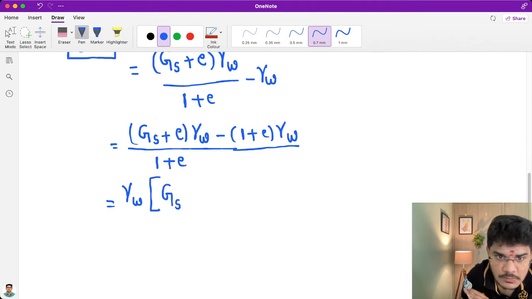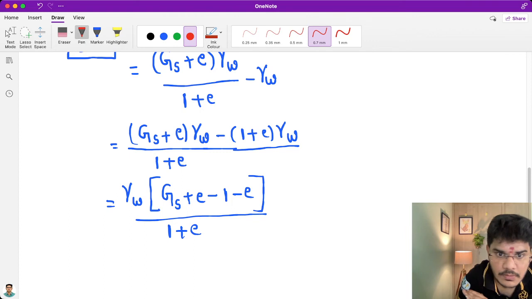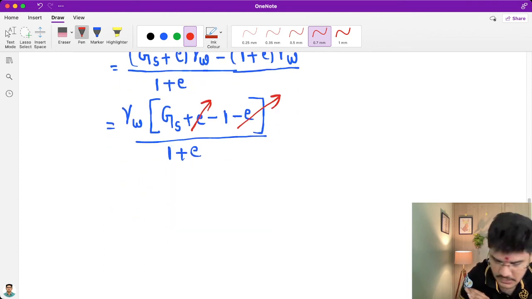So G plus e minus 1 minus e, divided by 1 plus e. So this e and this e will get cancelled out.